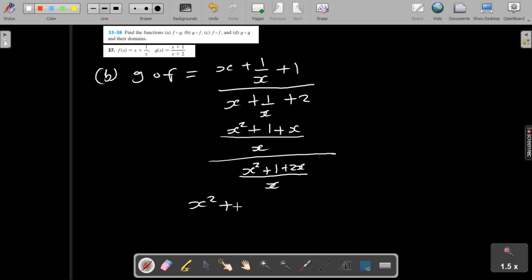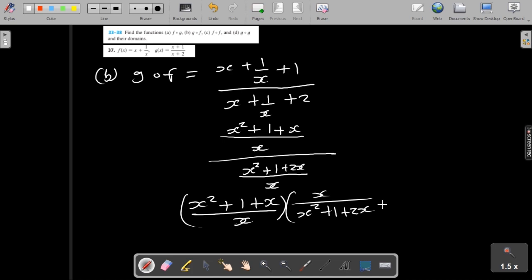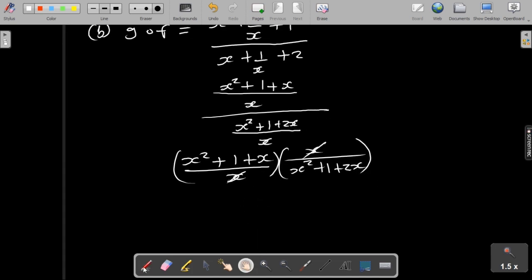So we're going to have x squared plus 1 plus x over x, multiplied by x over x squared plus 1 plus 2x. Alright, so the x's cancel, and we're now just left with x squared plus x plus 1 over x squared plus 2x plus 1.